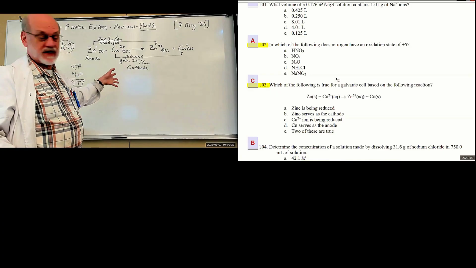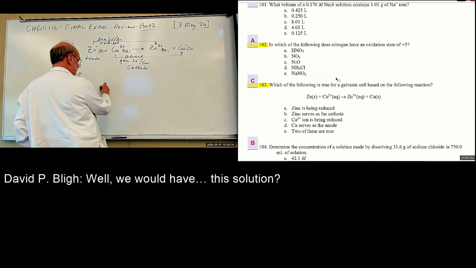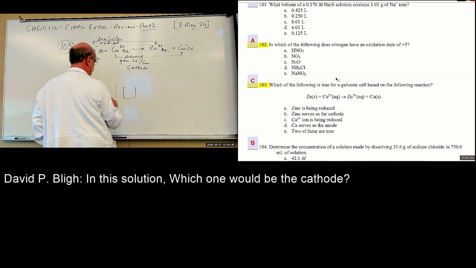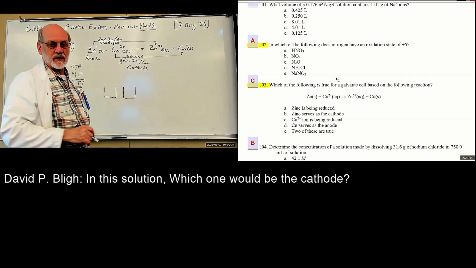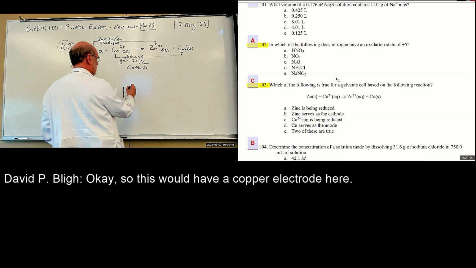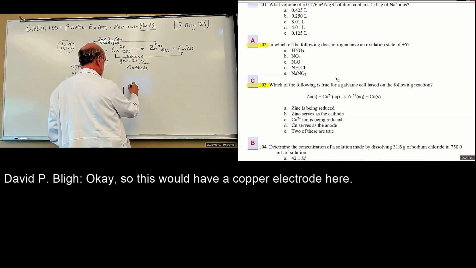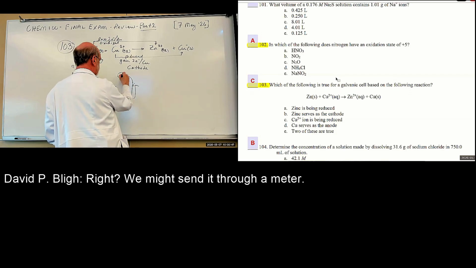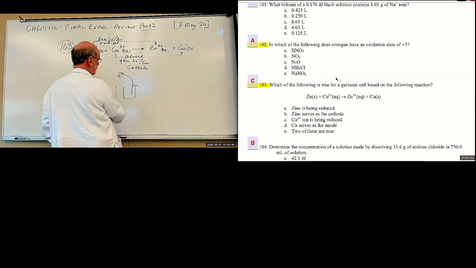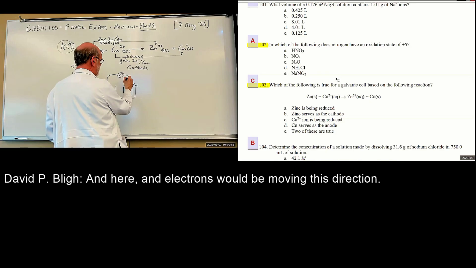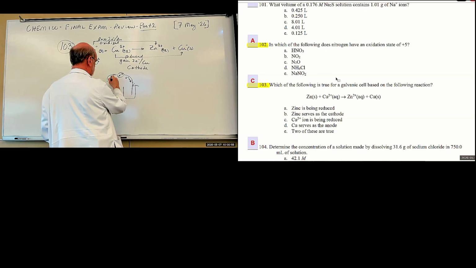Now, if we were to set up this cell, if we were to make a galvanic cell, how would we arrange that? Well, we would have this solution and this solution. Which one would be the cathode? By default, the cathode is on the right. So this would have a copper electrode here. We might send it through a meter, and electrons would be moving this direction.